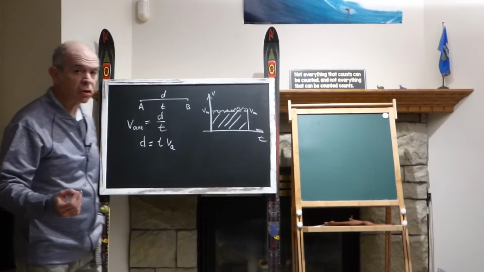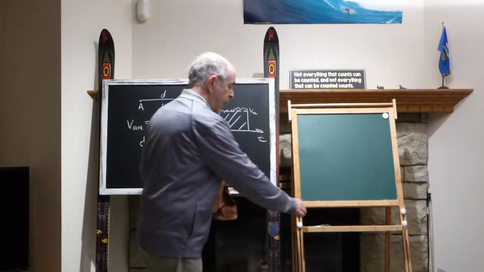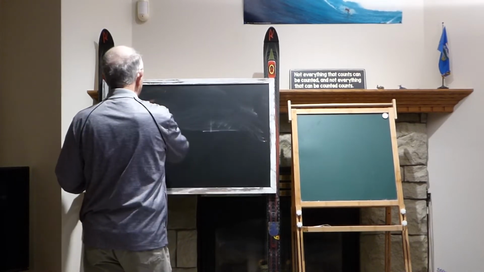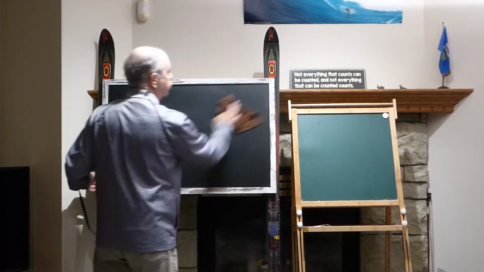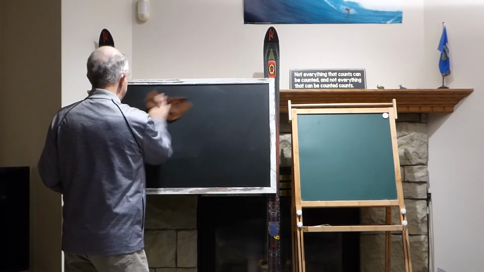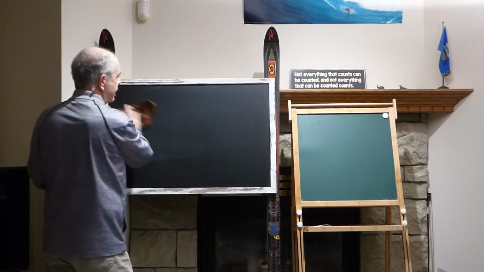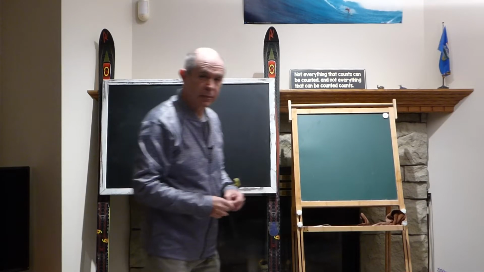That's the definition of the average speed in physics. And with this definition we should work, not with the definition of average between two numbers. Two numbers have an average, but it has nothing to do with this situation.